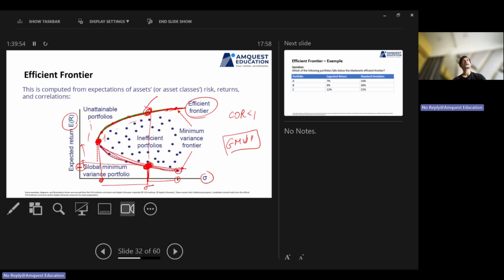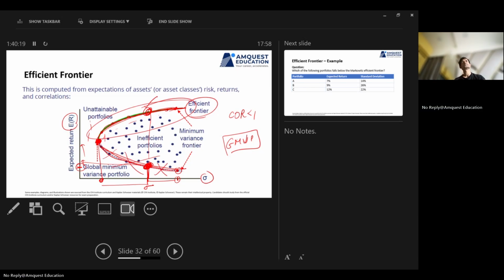So what you understand is that every point on the efficient frontier is more efficient than every point on the line below. Got it? And this is why we deal with the efficient frontier and we discard this part of the curve.